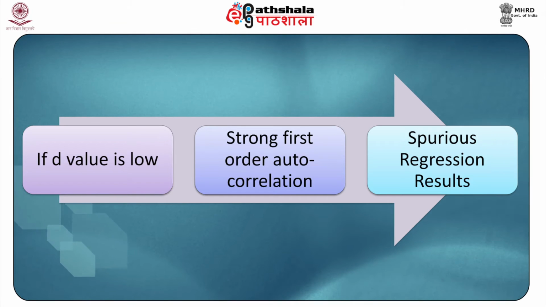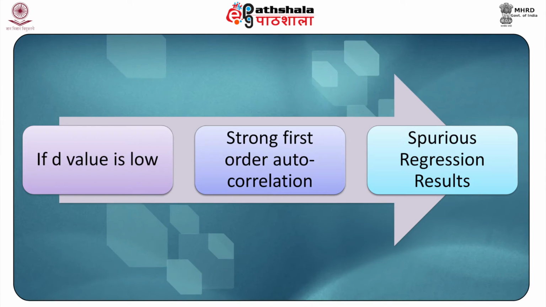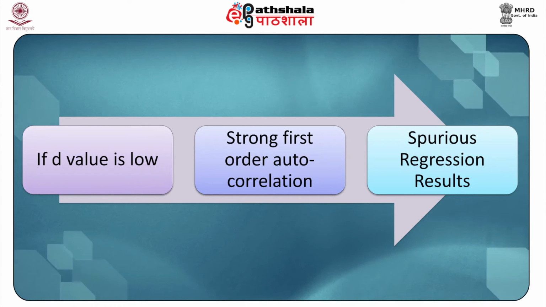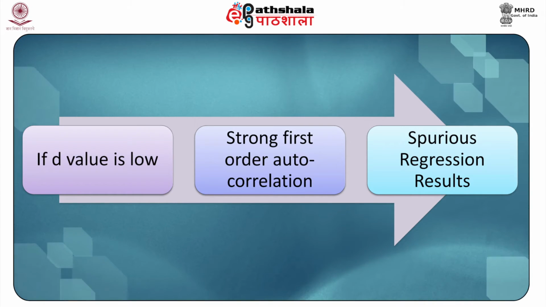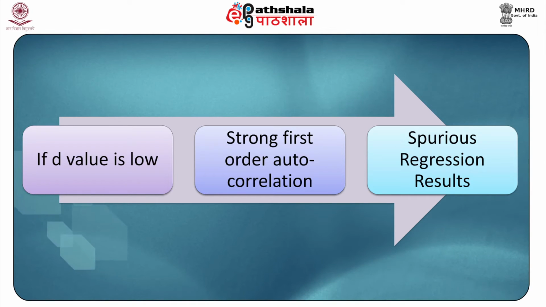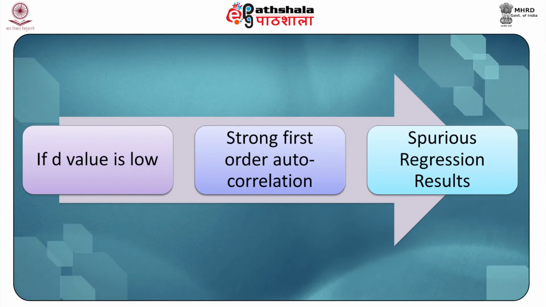The spurious regression could be judged from the value of the Durbin-Watson test, whose d value is extremely low, suggesting a very strong first-order autocorrelation. So we can show it here with the help of a simple diagram, where we are saying that if the d value is low, strong first-order autocorrelation is an indication which could hint at spurious regression results.